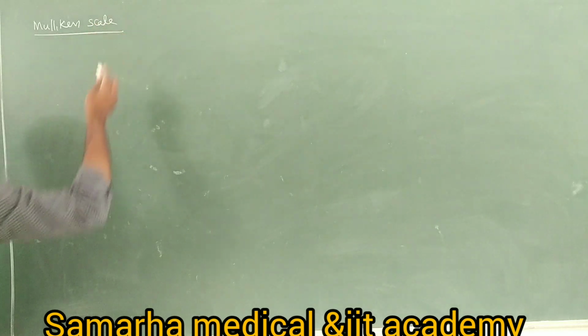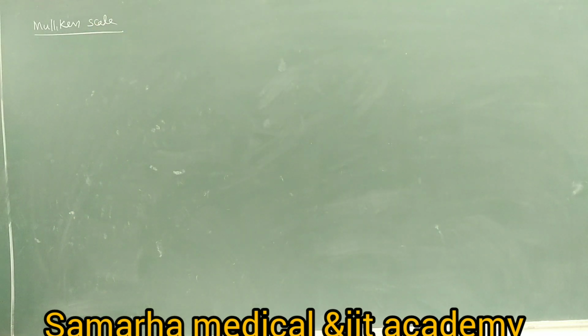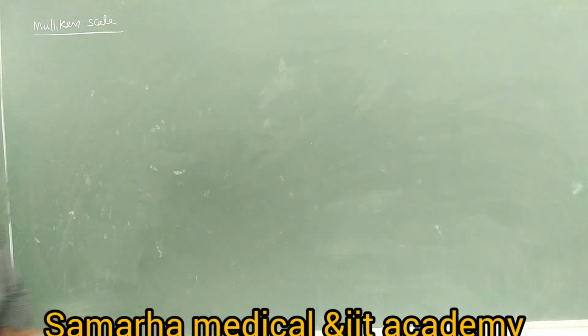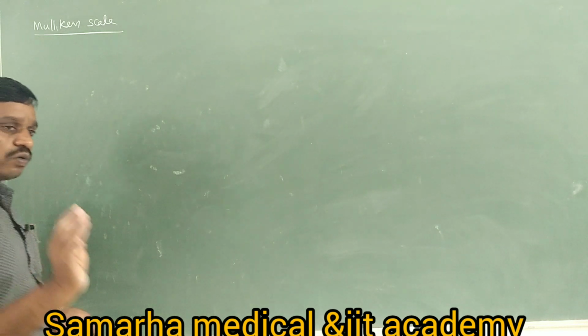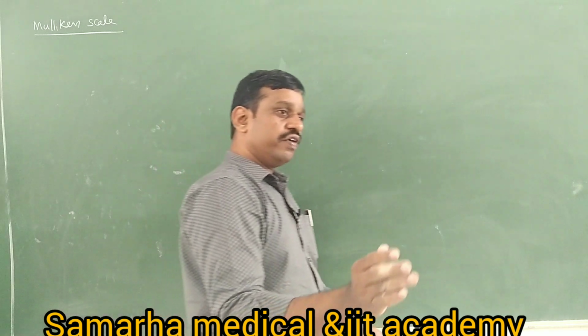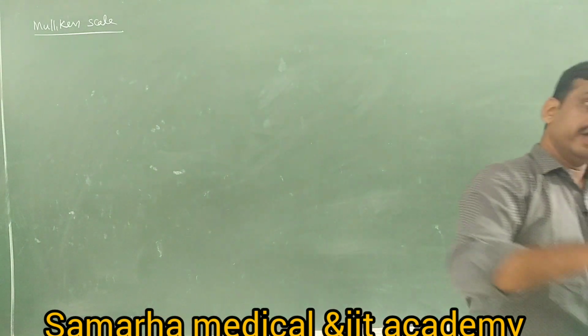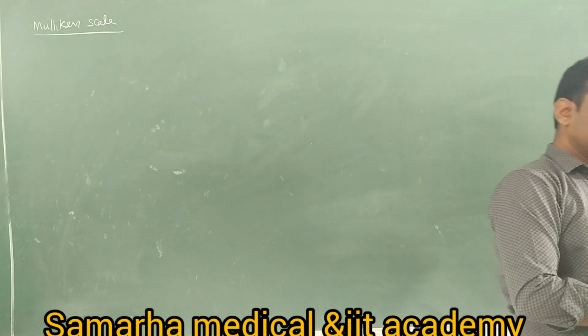In Mulliken scale, electronegativity is the average value of ionization enthalpy and electron affinity. It means according to Mulliken, electronegativity is nothing but the average value of both ionization enthalpy and electron affinity.